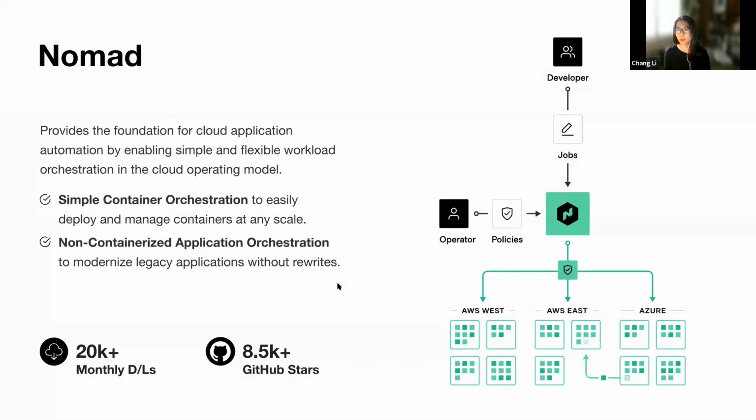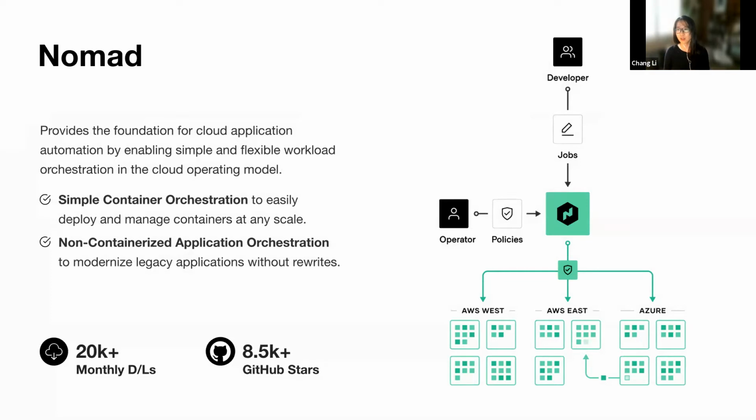But first of all, what is Nomad, right? For people that are not very familiar with our product, Nomad is a simple and flexible workload orchestrator to help organizations automate their application deployment workflow. There are many reasons that people pick Nomad as their orchestrator of choice for their company, their team, or their projects.